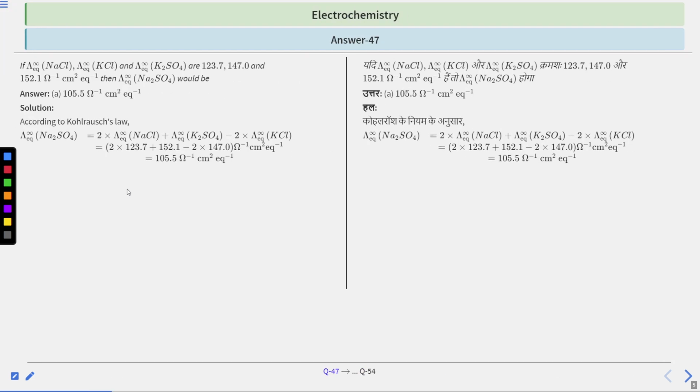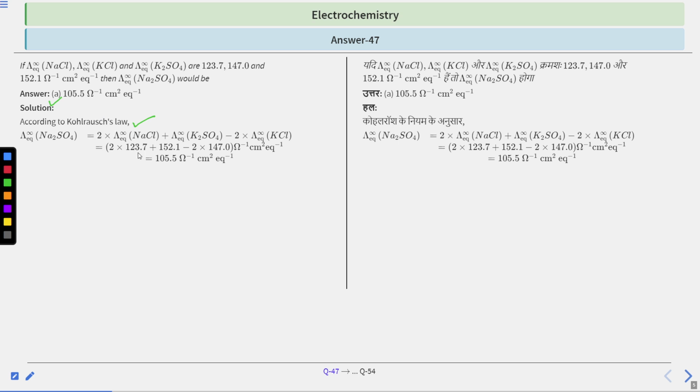Okay. So this is the correct answer, that is option A, 105.5 ohm inverse centimeter square equivalent inverse. According to Kohlrausch law, we can write the lambda equivalent infinity for any compound as the sum of their ionic lambda infinity equivalent values.